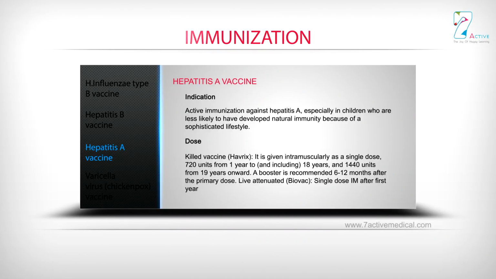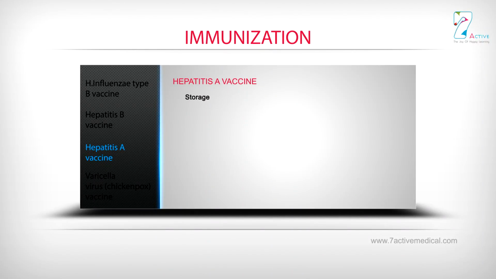It is given intramuscularly as a single dose, 720 units from 1 year to and including 18 years, and 1,440 units from 19 years onward. A booster is recommended 6 to 12 months after the primary dose. Live attenuated Biovac, single dose IM after first year. Storage: 2 to 8 degrees Celsius.